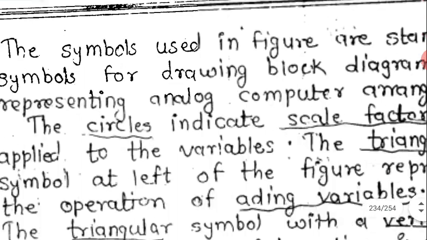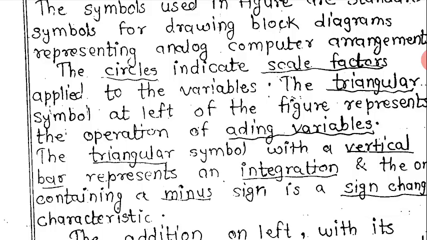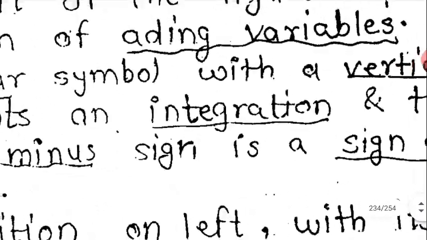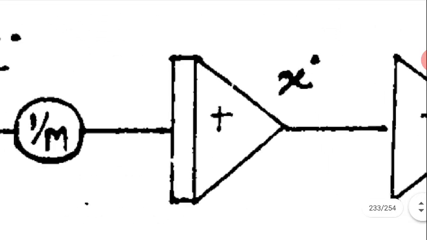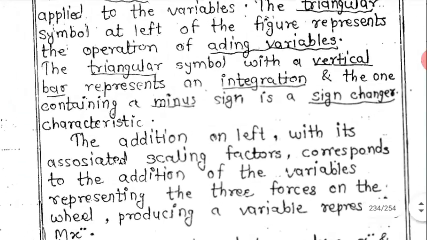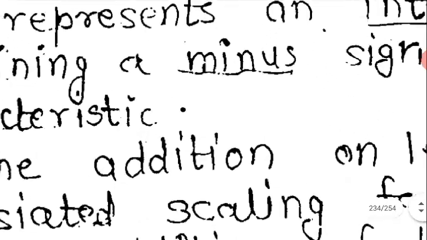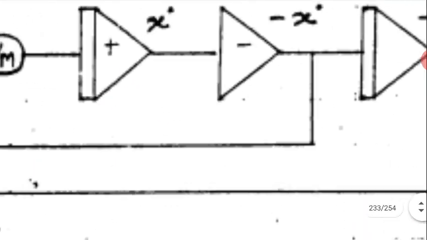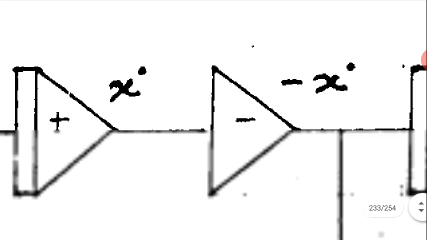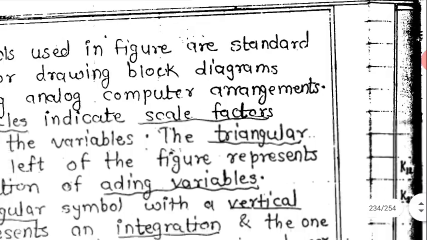After that the triangle which is having a vertical bar represents the integration, so it is called an integrator. After that we can see the sign changer, which is a triangle with a minus sign, as we can see over here. It is a sign changer.